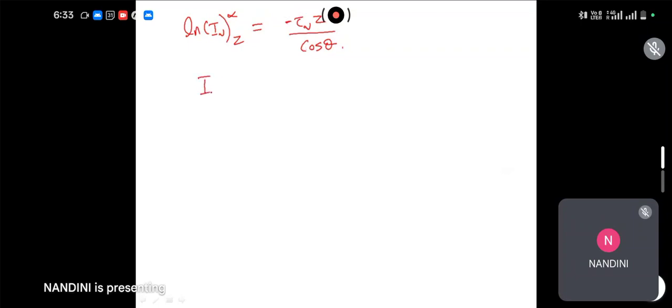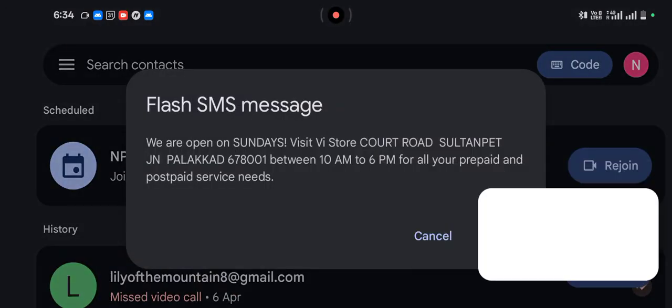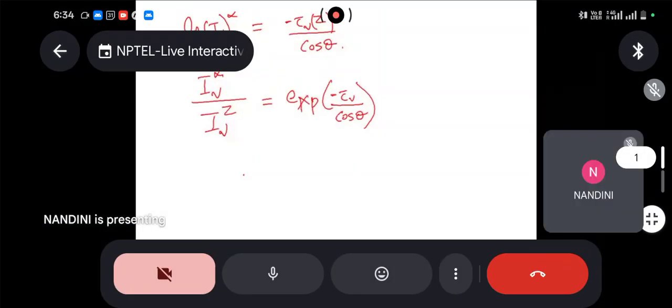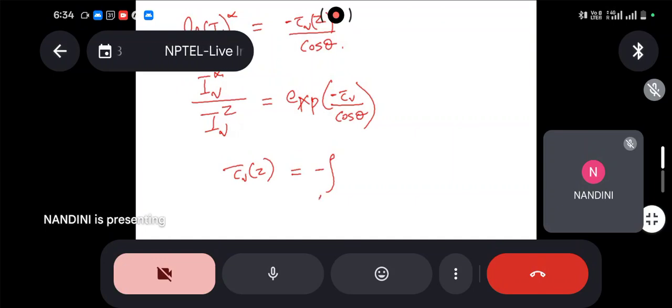Or you can write I nu of infinity by I nu of Z is equal to exponential of minus tau nu by cos theta, where tau nu of Z is equal to minus integral infinity to z k nu absorption rho I dz.